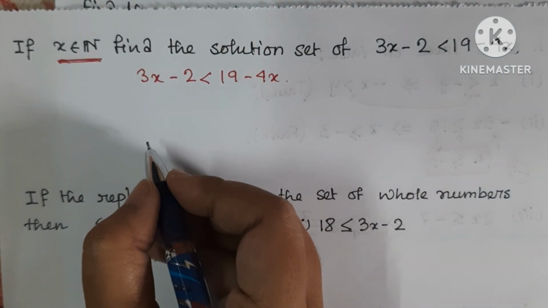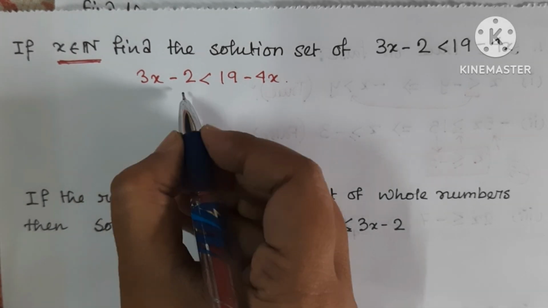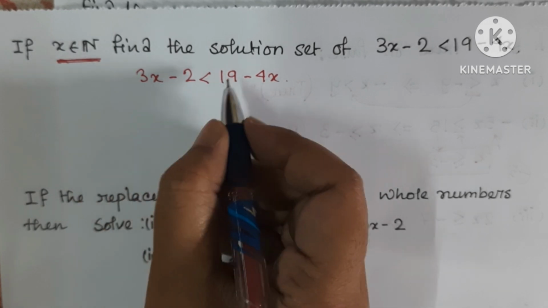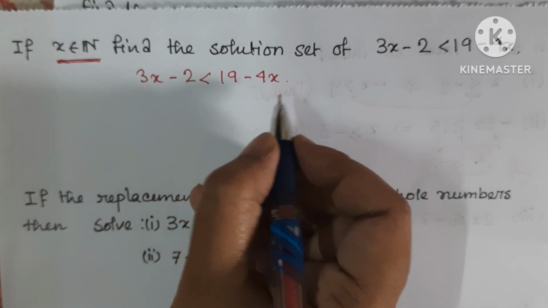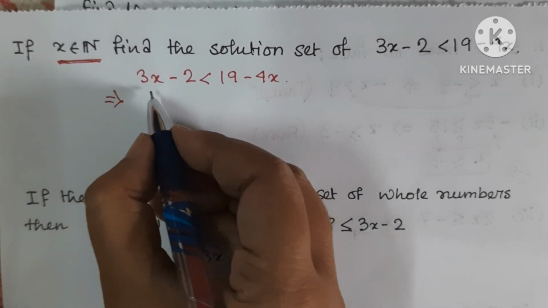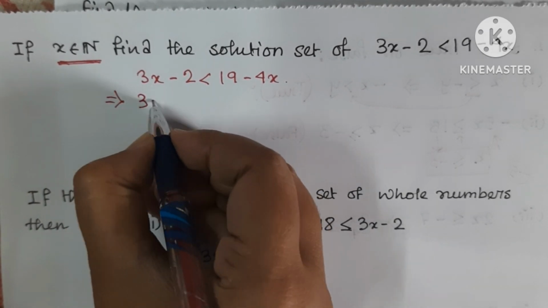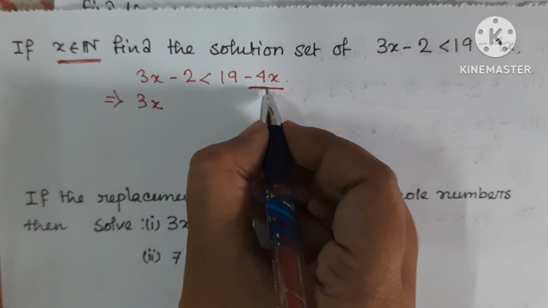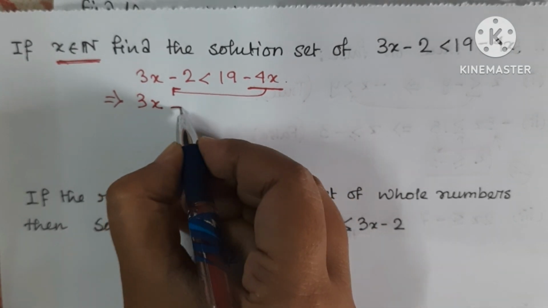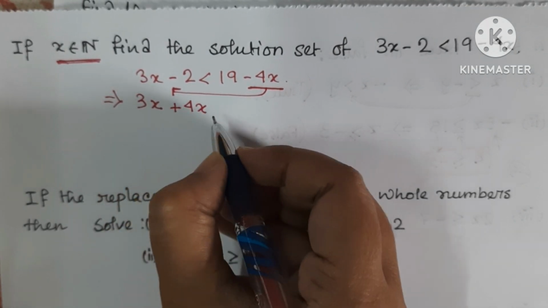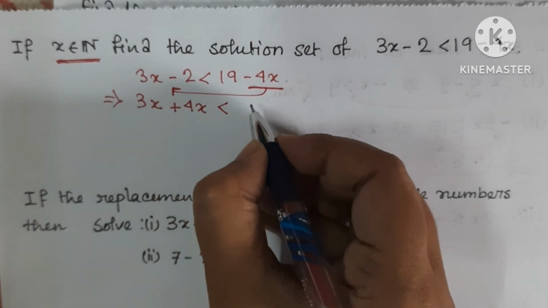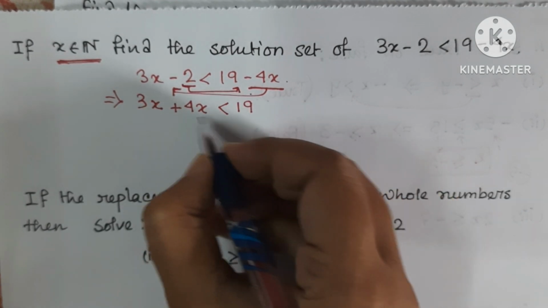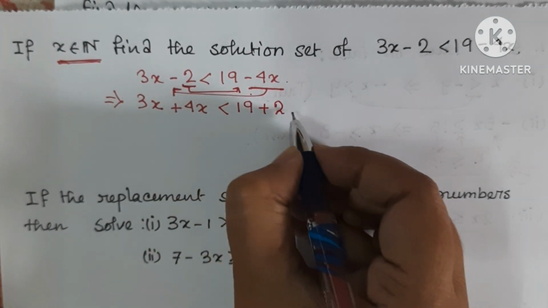The condition x belongs to N is the replacement set. The first step is to transfer all the variable terms to one side and all constant terms to the other side. So 3x stays here, and minus 4x, if you transfer it to this side, becomes plus 4x, that is less than 19, and if you transfer this minus 2 from here to here, it becomes plus 2.